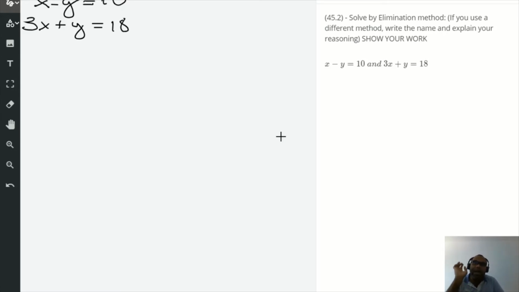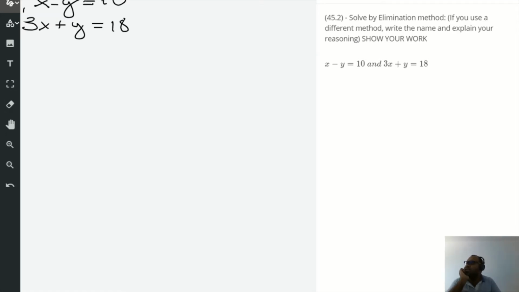Step number 1, line up. Step number 2, check the coefficients. Do I have any coefficients matching? Yes, mister, I have y and y. They are matching. Nice. One is positive, the other negative. When I have opposite coefficients, I add. When I have the same sign of coefficients, I subtract.